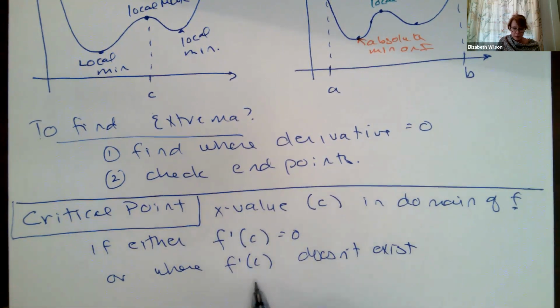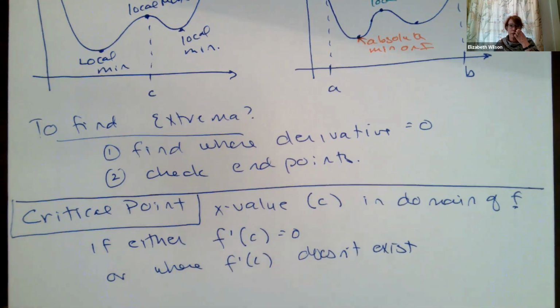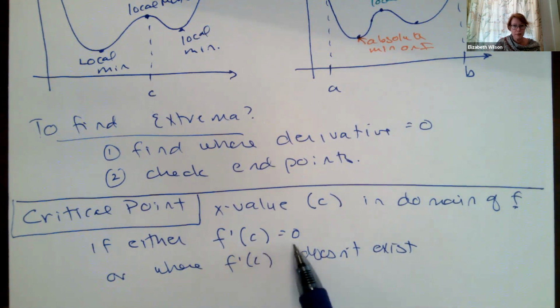And this second part is really important because it's going to allow me to take a look at functions that have like a cusp, right? So I've got this really sharp point that's happening. That c value, there's something really important happening there. That's a critical point. My derivative is not defined there, but it's still a critical point that I need to take a look at, okay? So either my derivative is equal to 0 or the derivative doesn't exist at that point.